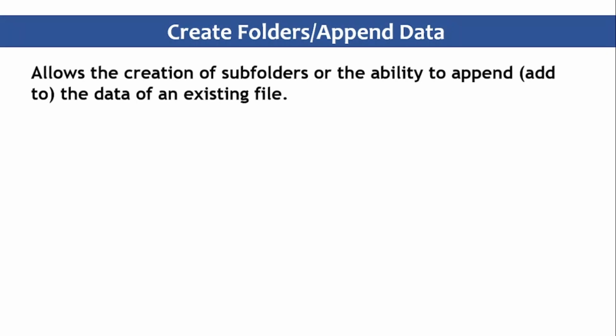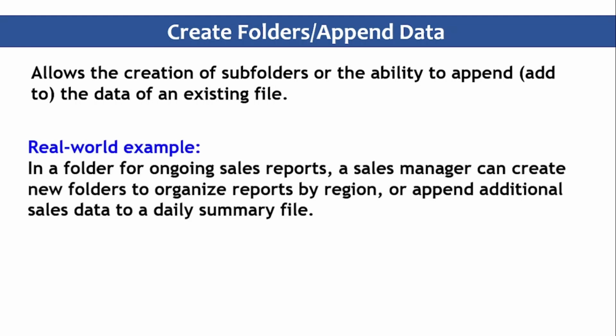So the next permission is create folders, append data. It allows the creation of subfolders or the ability to append data to an existing file. So the user will be able to create folders and change the data in existing files.